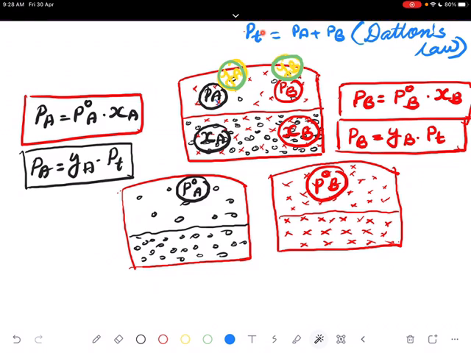So equation number 1, 2, 3, 4, 5. So there are 5 equations when we consider Raoult's law. Raoult's law is equations 1 and 2 only. 3 and 4 we learned last year, 5 also last year according to Dalton's law. Now let's see the numericals based on this vapor pressure.